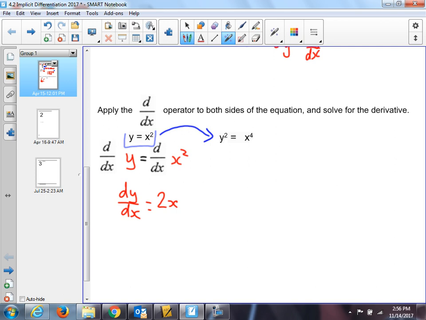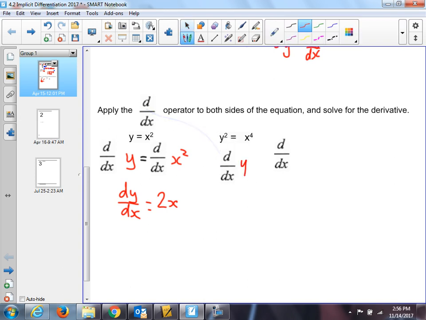If I take the derivative of the y squared expression, the derivative of the x to the 4. Now, the left side, there will be something left over, right? You've got to think of this as the chain rule.